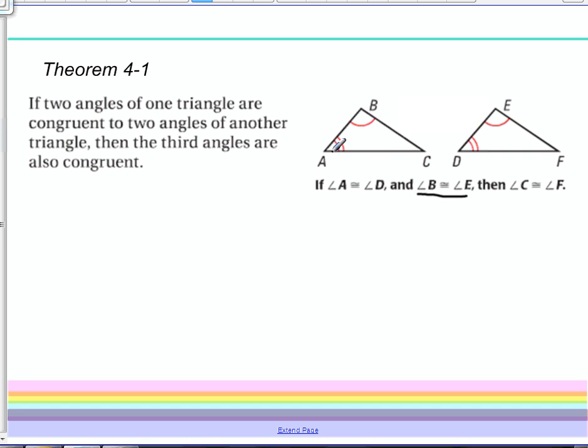We have angle A and angle D, which are congruent to each other. And because we have two angles that are congruent and corresponding, we can safely say that angle C is congruent to angle F.